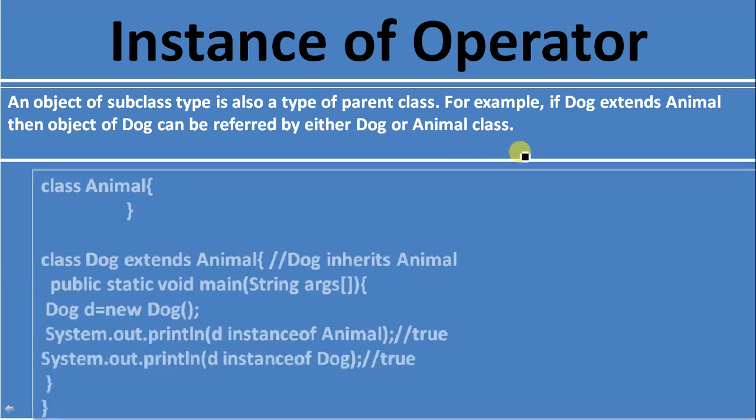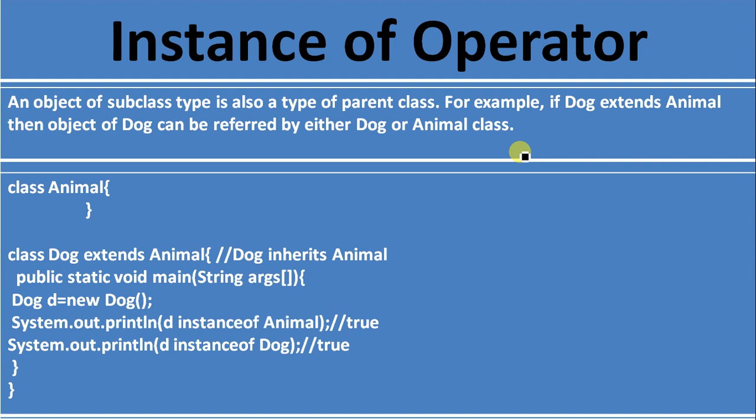Let's see an example. Here we have created a class Animal. Then we create a subclass. How to create a subclass? To create a subclass we use the extends keyword, then the parent class name. So all the properties of Animal come into the Dog class.